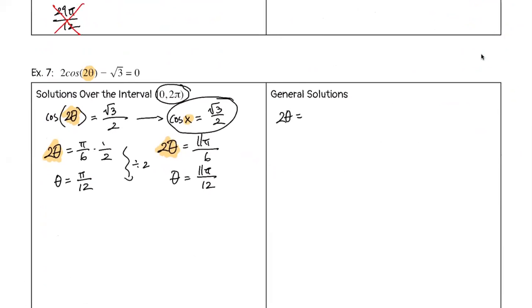So 2 theta equals pi over 6 plus 2 pi k. Now let's divide everything by 2. What do I get when I divide 2 pi k by 2?